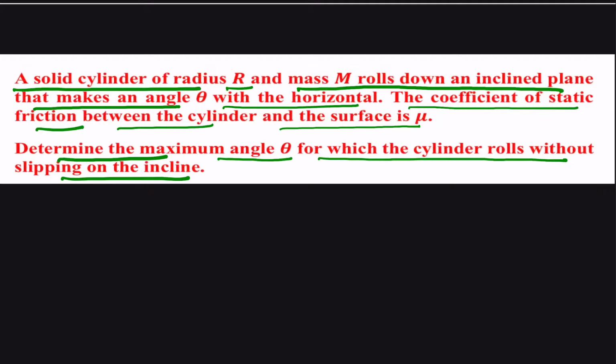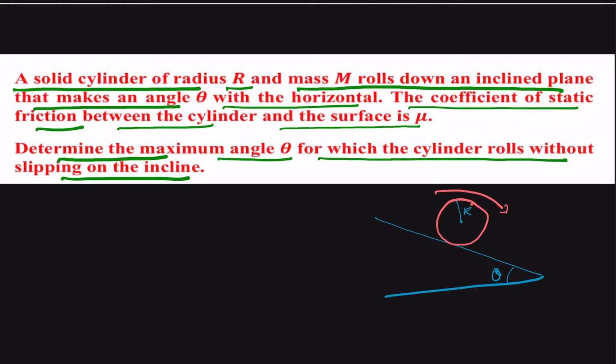Okay, so let us draw the basic figure for that. So we have an inclined plane and we have an angle of theta, and we have a cylinder, and its radius is suppose given as r, and it is rolling in the downward direction.